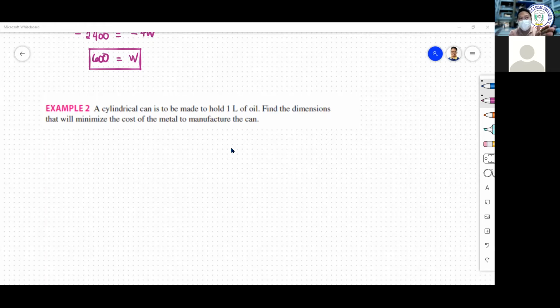You formed 1 equals 2 pi RH plus 2 pi R squared. Just to let you know, guys, that is the surface area of the can, or the material that needs to be formed into a can.